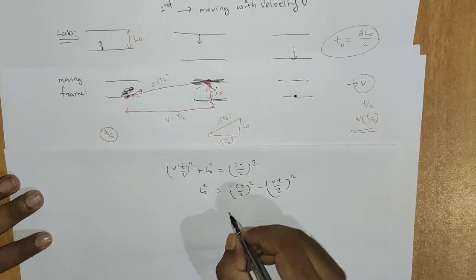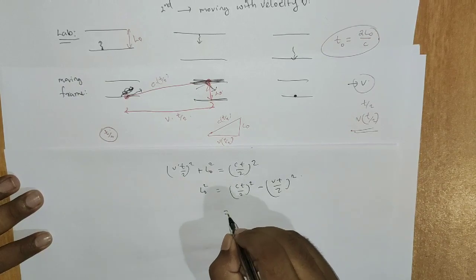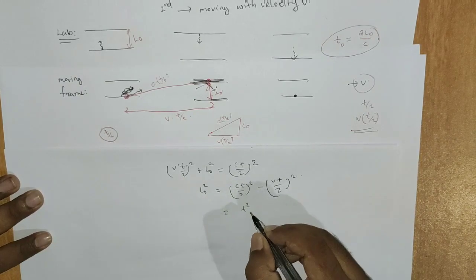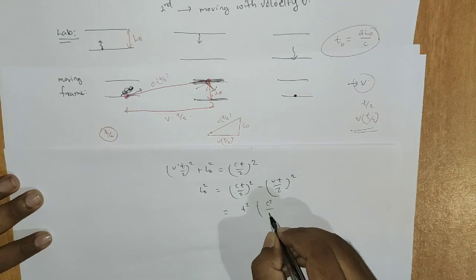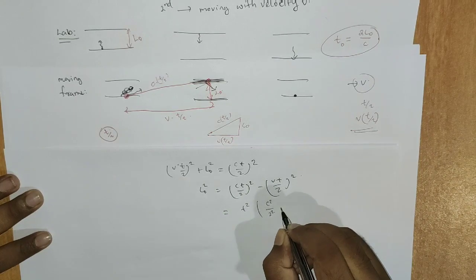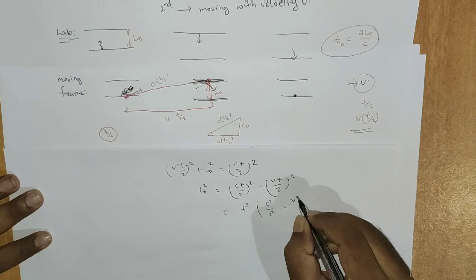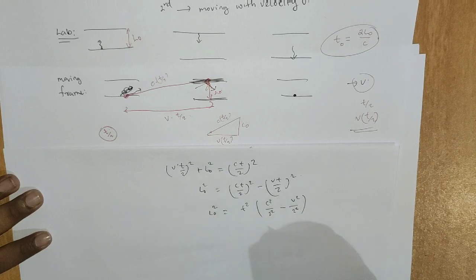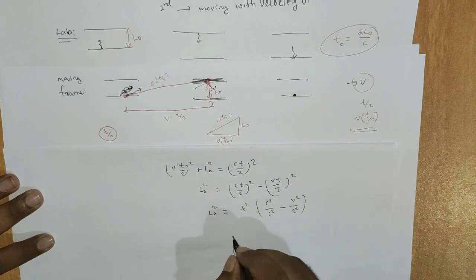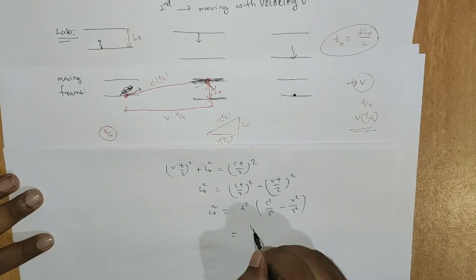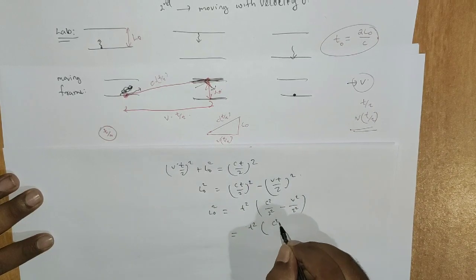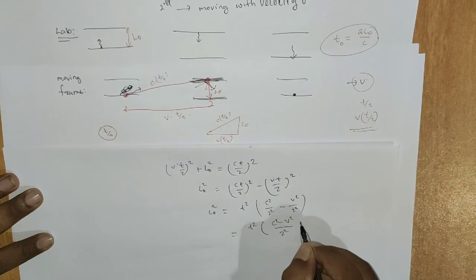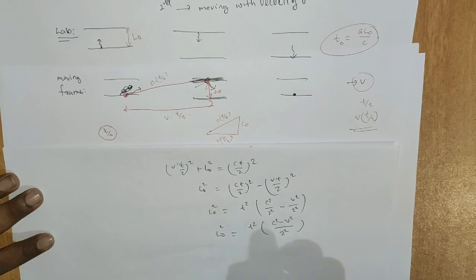Now from this we can take t square outside. So (c square by 2 square minus v square by 2 square) equal to L0 square. So this can be written as t square into (c square minus v square) by 2 square equal to L0 square.